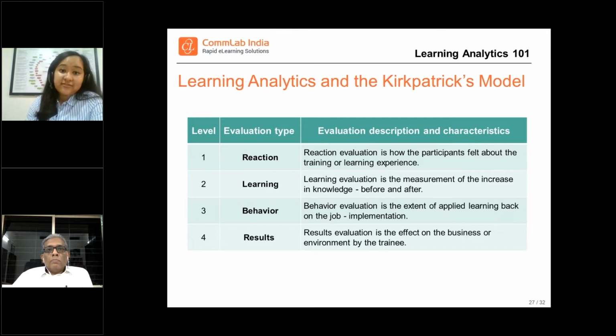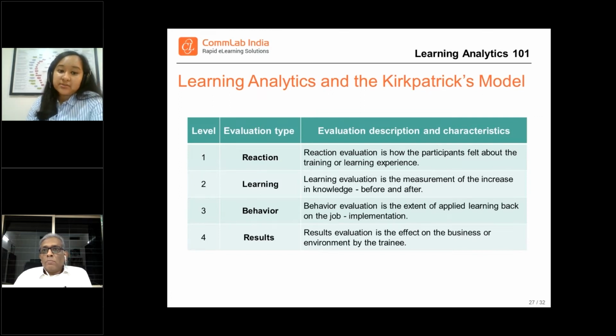When it comes to level 3, which is behavior, it evaluates the extent of learning applied back on the job. So it looks more into the implementation aspect. The fourth one, which is results, looks into the effect the learning brought to the desired outcomes.